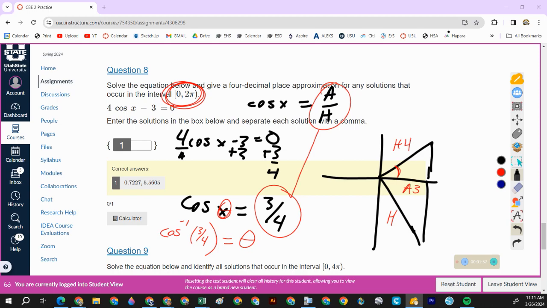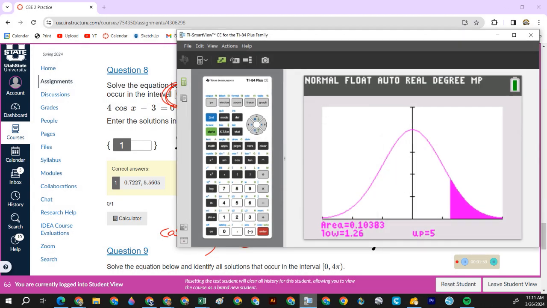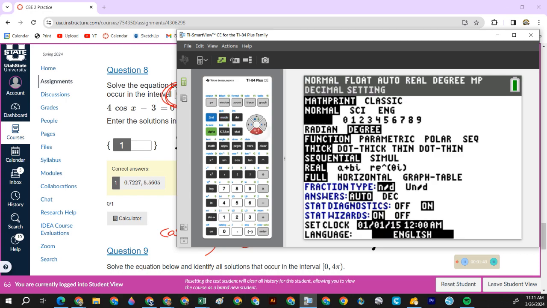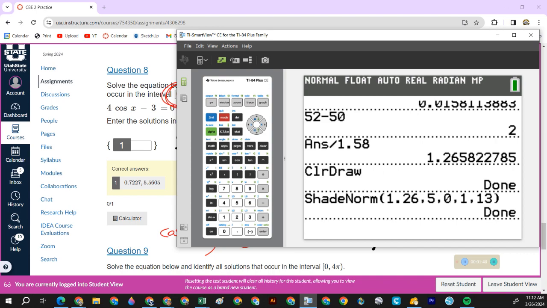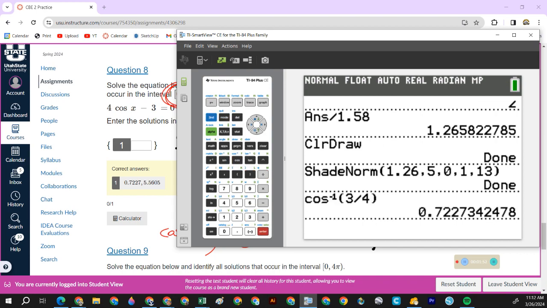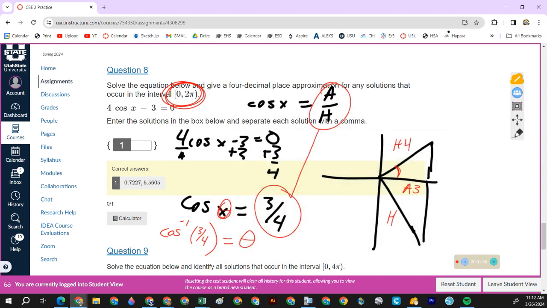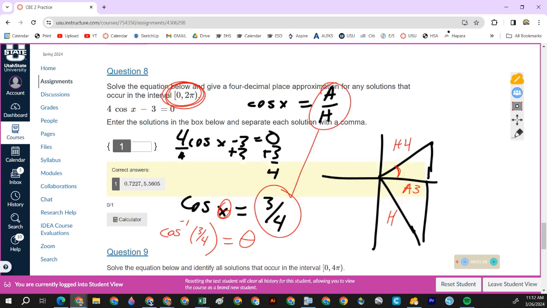Okay, so in our calculator, first we got to make sure we're in radians. And cosine inverse of 3/4, and I get 0.722. So this angle right here is 0.722 radians.